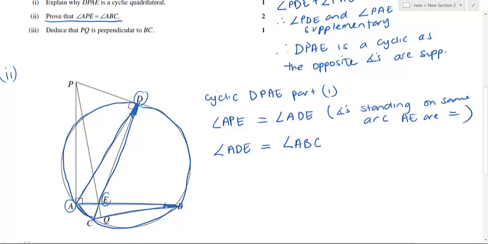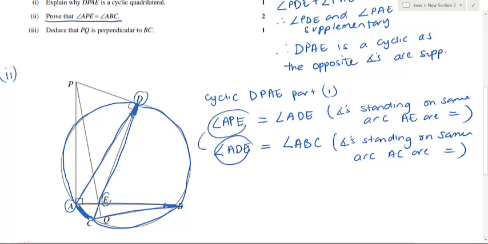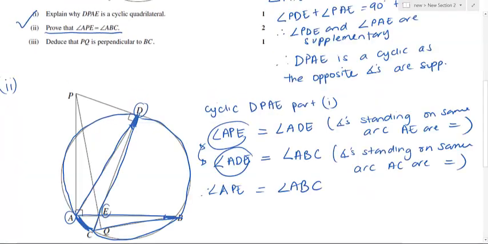They're standing on the same arc, which is AC. It's the same rule: angles standing on the same arc are equal. Now, if ADE equals APE, we can substitute these two angles. Therefore, angle APE is equal to angle ABC. That's the second question done.